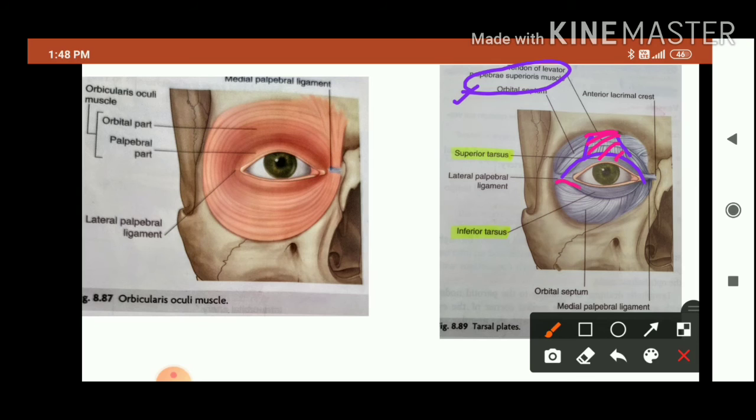On the other hand, the inferior tarsus is not associated with any muscle. That is why this is the most important difference between the superior and inferior tarsus, along with the difference between upper and lower eyelids.